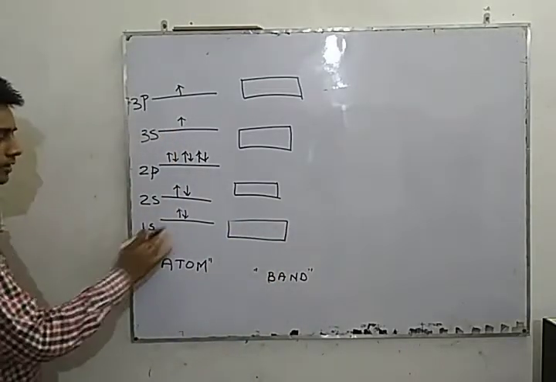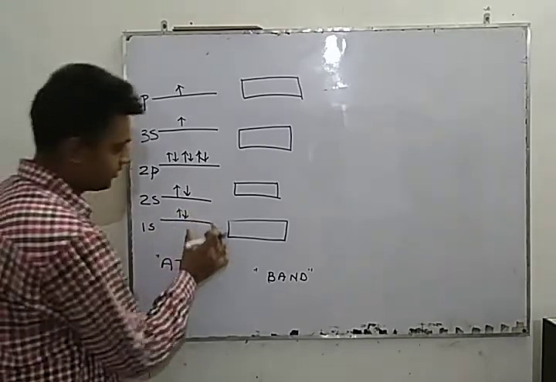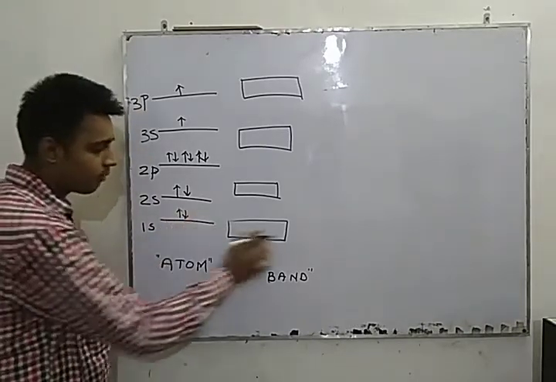One atom contains electrons, and the combination of these electrons forms a band.